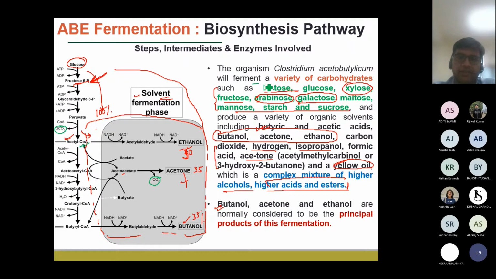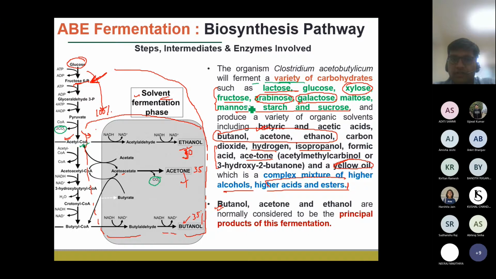And we have just started with what carbohydrates can actually be used for the production of acetone butanol. We have seen there are different sugar derivatives, and one of the advantages, like in the case of ethanol fermentation using Saccharomyces cerevisiae, or the production of baker's yeast, for example, is that there are some specific carbohydrates, especially galactose, which cannot be metabolized by those yeasts.